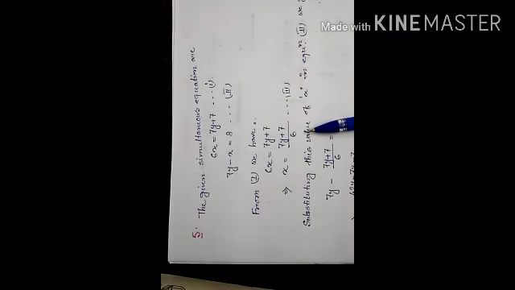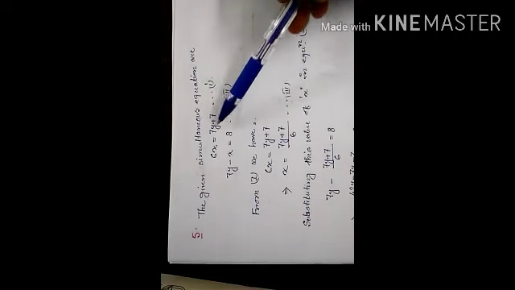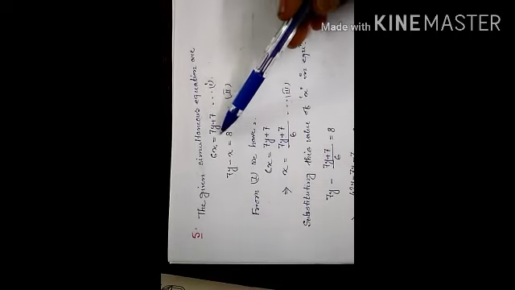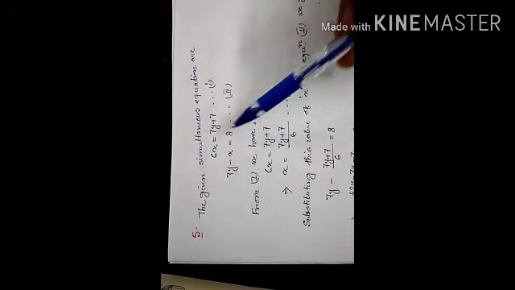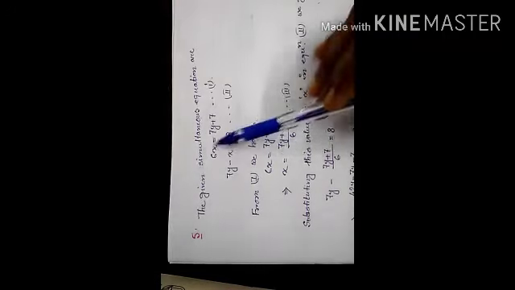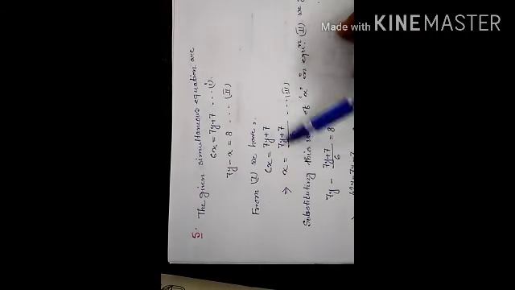From any one of these two equations you can find either the value of x or y. I am taking the first equation, and from it I find the value of x, that is x equal to (7y plus 7) divided by 6.